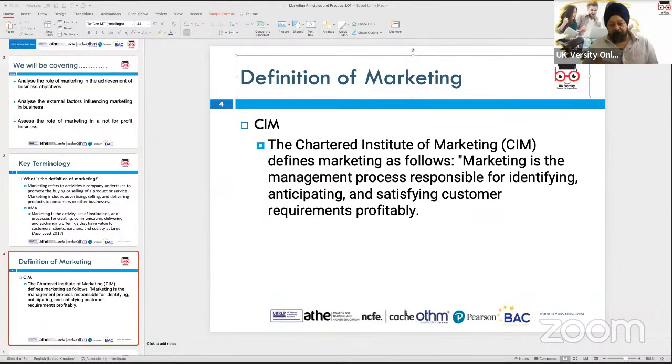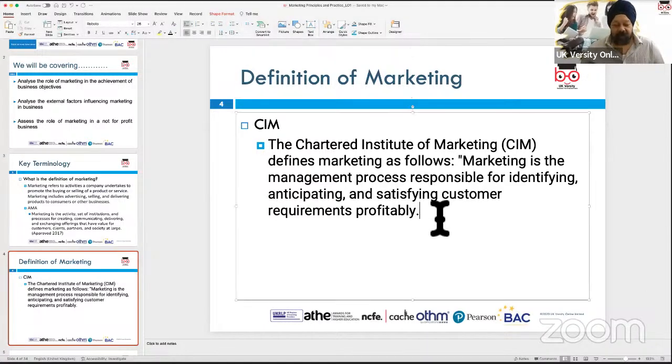And when a company does this profitably, by understanding customers' requirements, anticipating their needs, wants, and preferences, and then follows a very structured process to manage this activity from start to finish, then this process, as per the Chartered Institute of Marketing, is termed marketing.